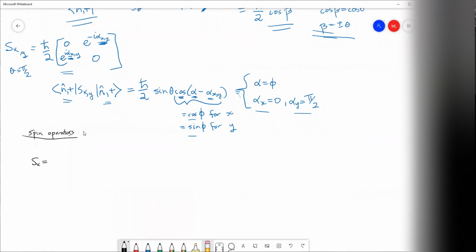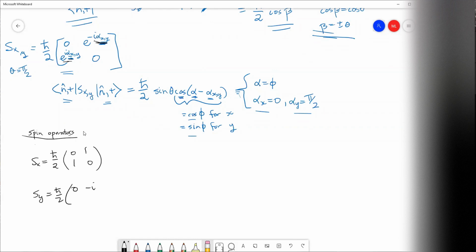They have S sub x is h bar over 2, 0, 1, 1, 0, because if alpha is 0, then this just becomes 1 and 1. S sub y is h bar over 2, 0, and then if alpha is pi over 2, e to the minus i pi over 2 is minus i.